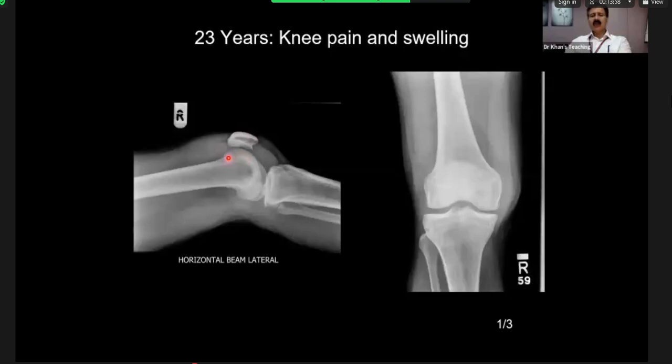Okay, there is joint effusion in a 23-year-old. I'm sorry, I will have to mute you because there is too much echo and causing a lot of technical issues. Is number 5 here?